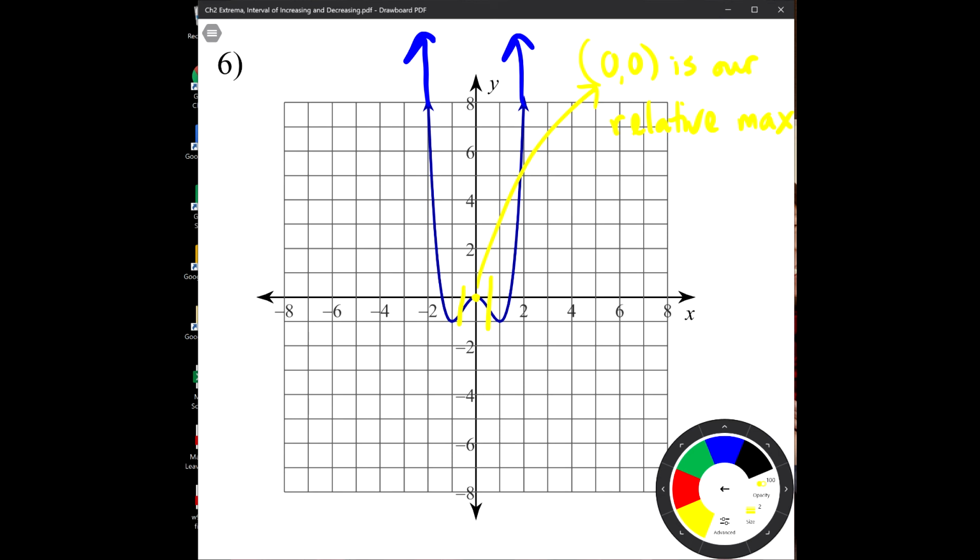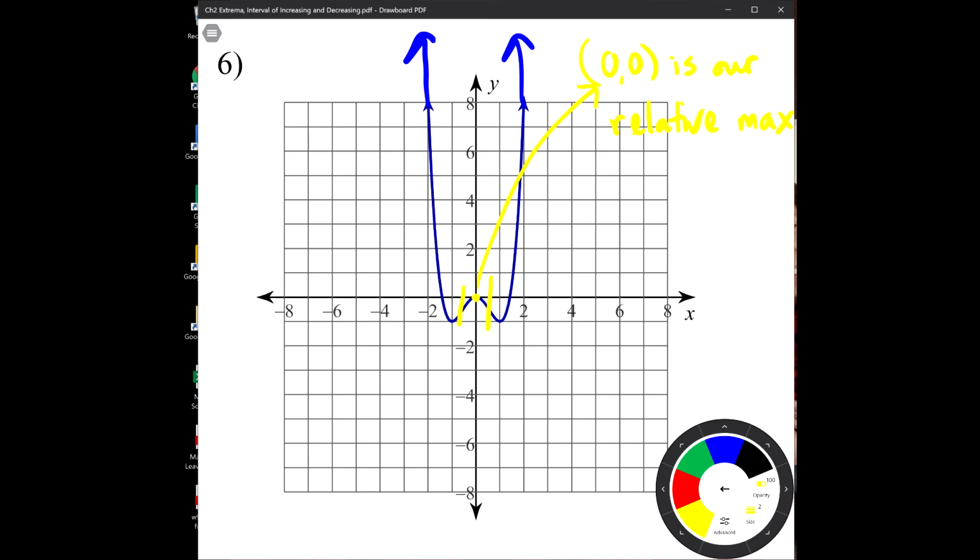And same thing with the min value. If it's the lowest point of the entire graph, then that will become global min or absolute min. If it's just a minimum point within an interval, it will be relative min or local min.